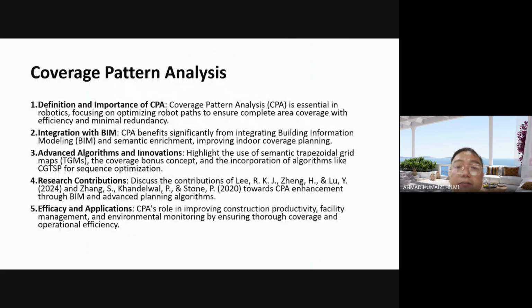I will first cover coverage pattern analysis, and then proceed to the algorithms and models, all related to robotics in automation. So you will get some idea of the latest research on all these methods, models and algorithms being used in robotics and automation.